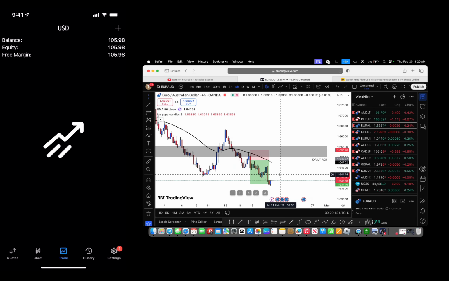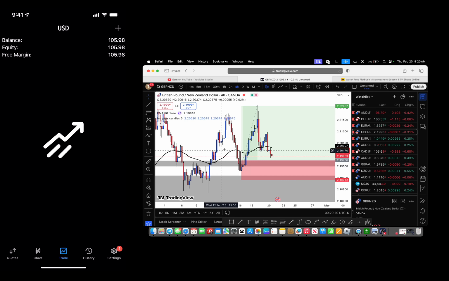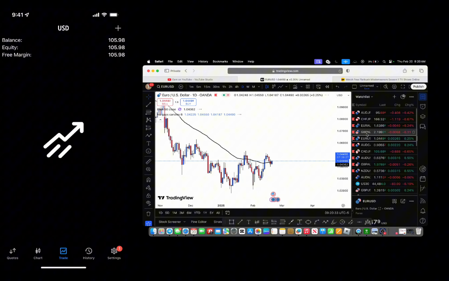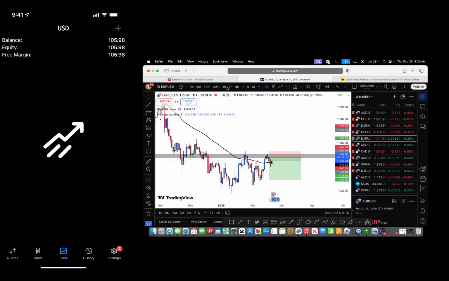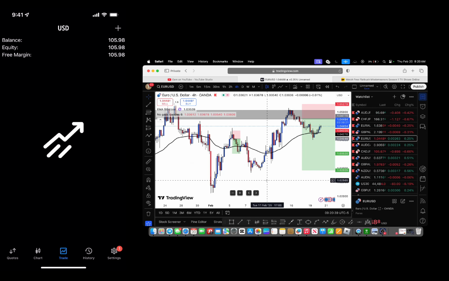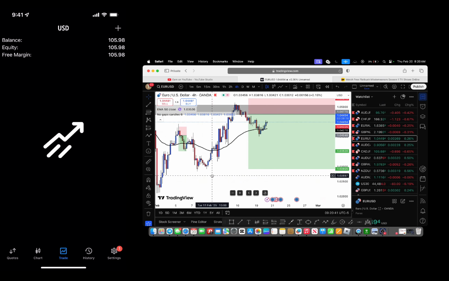Euro AUD, another win. So for the week, we're 2 of 2, 2 trades, 2 wins. GBPCAD, that trade would have been a win. It easily hit take profit for 2.76, and Euro USD was the only pair that I broke down on Friday that did not play out as of yet.